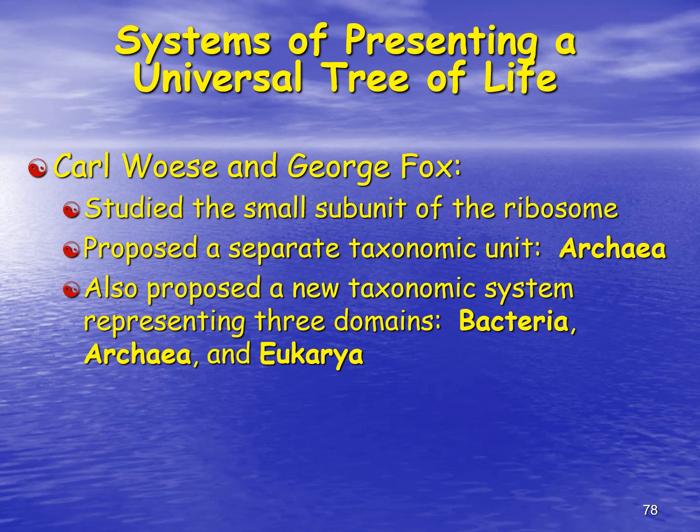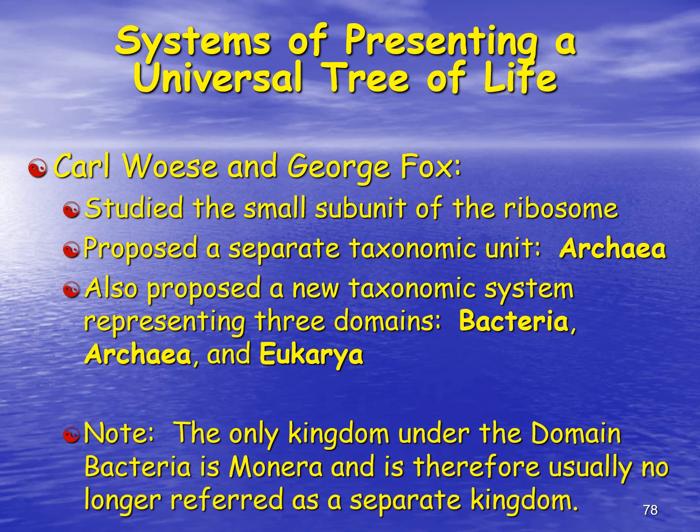It wasn't until 1978 that the 4 kingdoms of Plantae, Animalia, Fungi, and Protista, or again now called protozoa, were listed under the Eukarya domain, and bacteria only contained 1 kingdom, and that was Monera. But since there is only 1 kingdom, we've pretty much gotten rid of the kingdom Monera in bacteria.